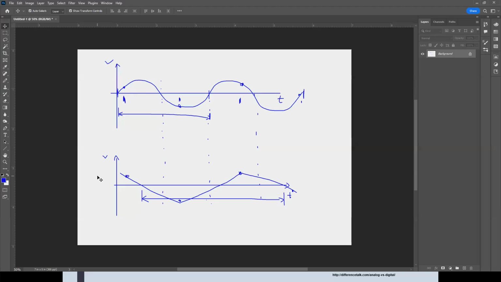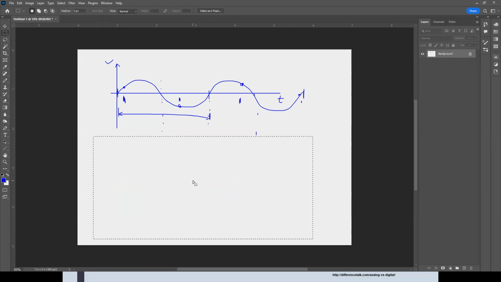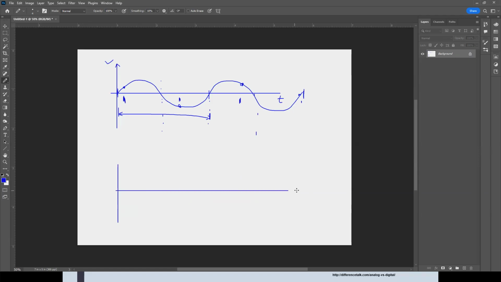Okay. Now let's try something else here. I'm going to erase this and have something else. Let's get a pen again. All right.